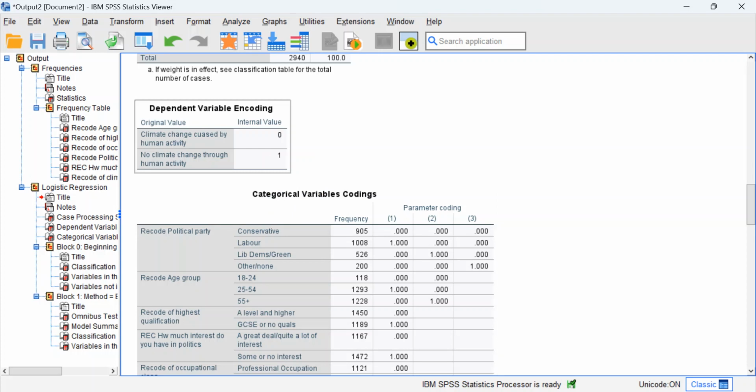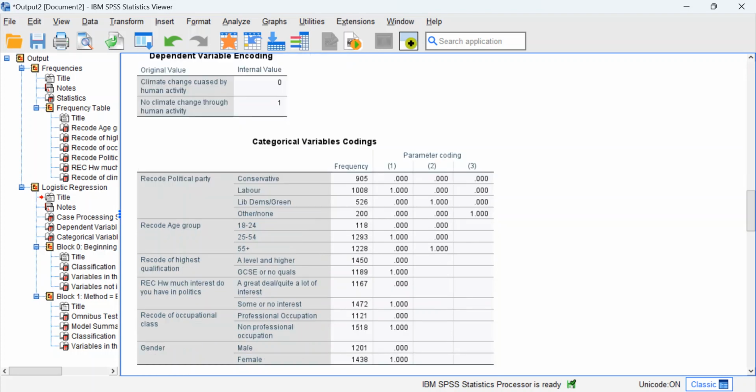So it's very important that you understand how this model is working. We are modelling the probability of someone believing that climate change is not happening, or at least not happening from human activity. So that's how the dependent variable has been encoded. SPSS then shows us how it's coded the categorical variables.